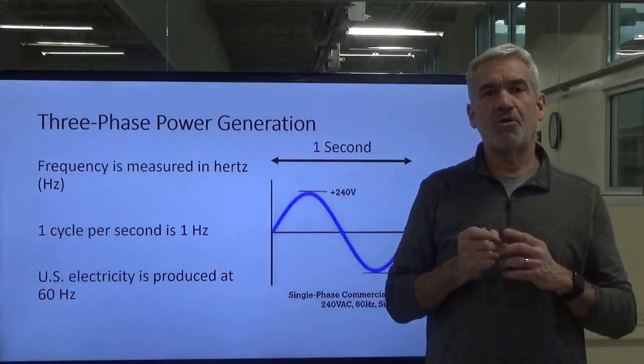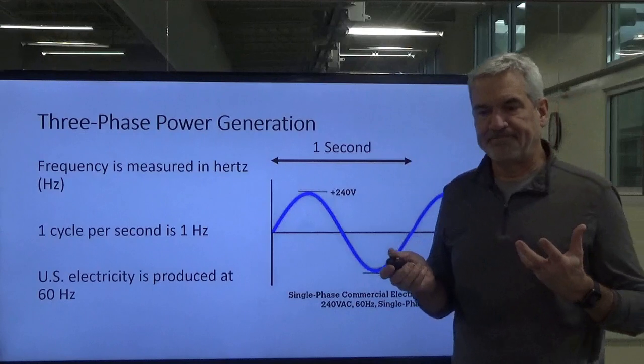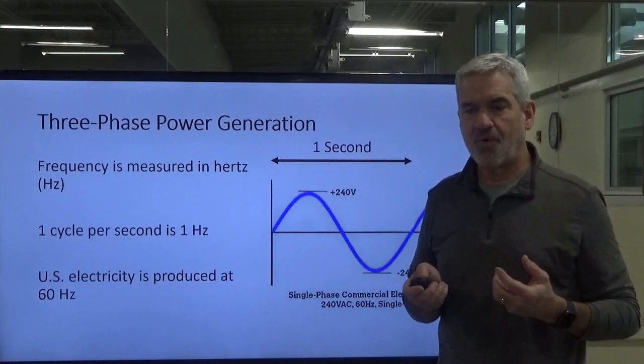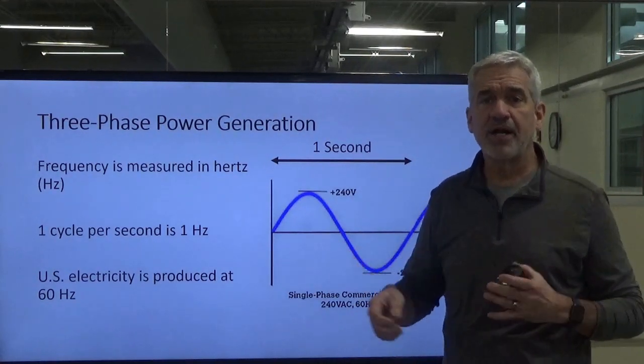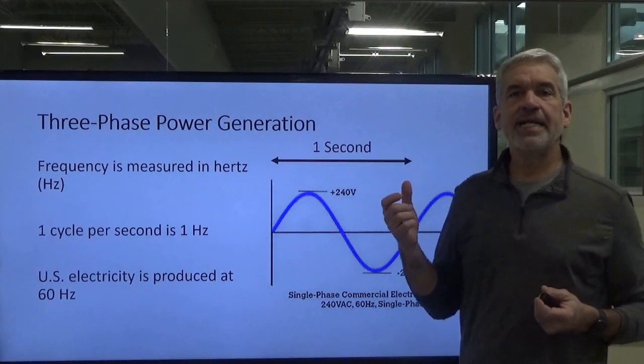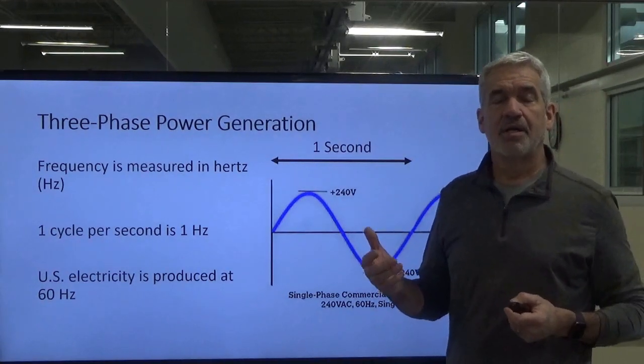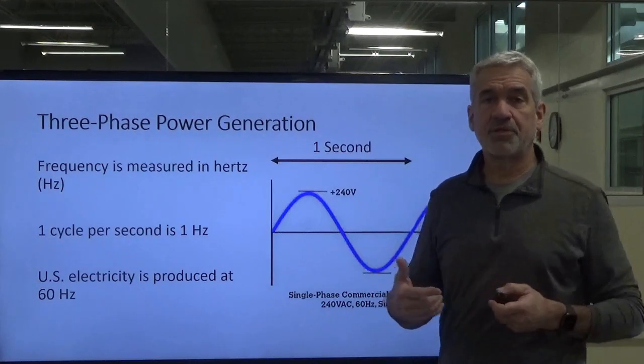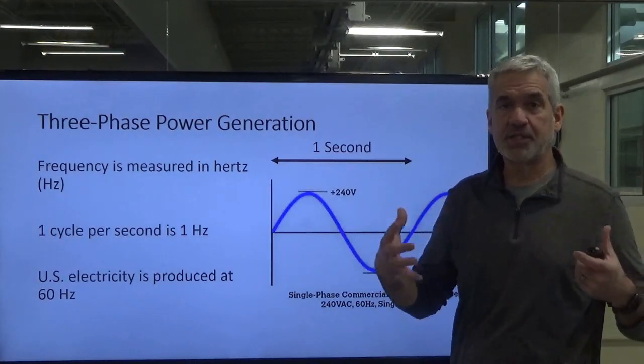When you go to your homes, open the door of your microwave, or look at your refrigerator or a hairdryer, anything that's electrical will have it listed as needing 60 hertz of power delivered through the voltage source in order for that appliance or device to work properly.